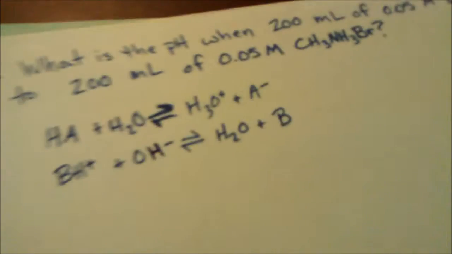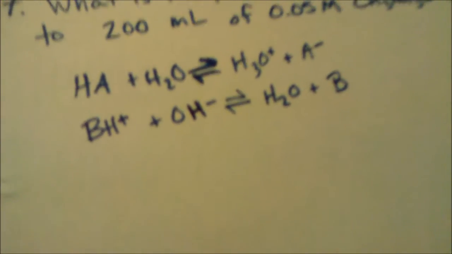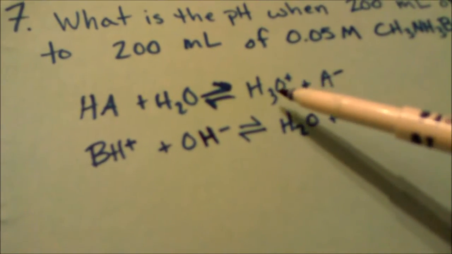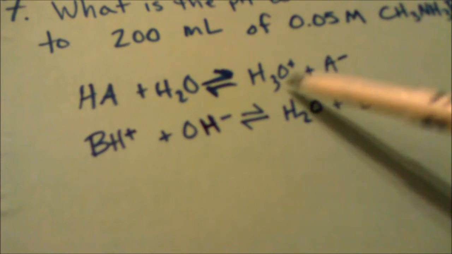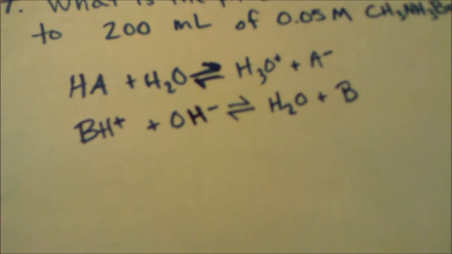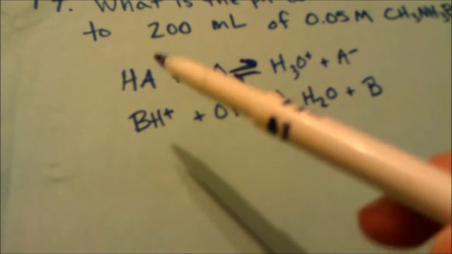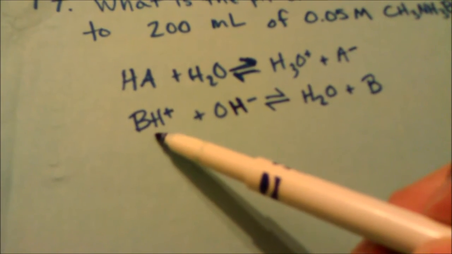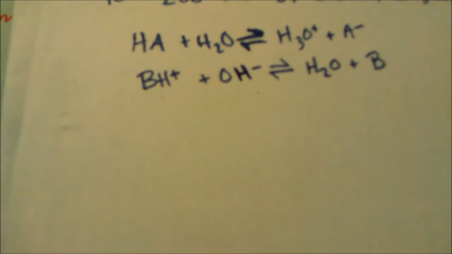And we know that it's okay to do this because our equilibrium concentrations of hydronium and conjugate base are very, very small compared to our starting concentrations of acid and hydroxide, which we know from the problem we just did.